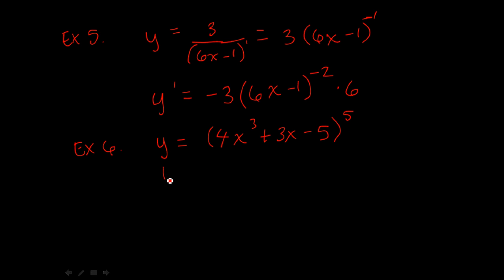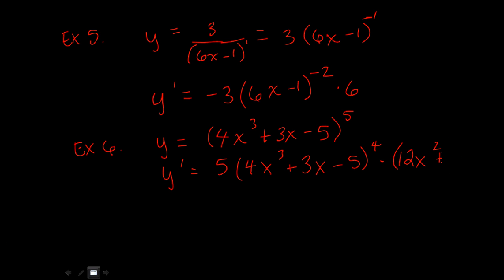Okay, so first you take that 5 out front, keep everything on the inside the same, reduce the exponent by 1, and now we multiply by the derivative of the inside, which is going to be 12x squared plus 3. Oh, I'm at the edge of the screen, but that's a 3 there, and then close the parentheses.